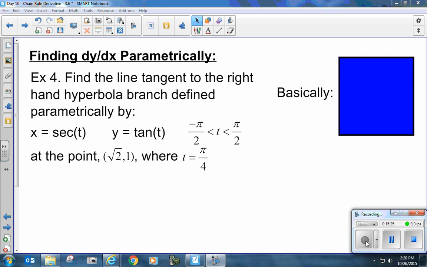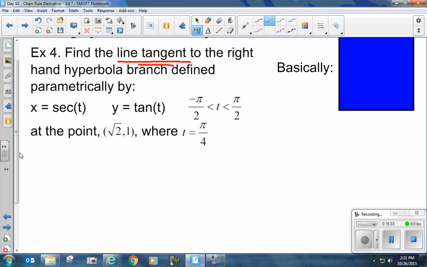So what we need to do, in order to use our equation, they want to find the line tangent, okay? Which means y minus y1 equals m times x minus x1. We have an x and a y already, right here.